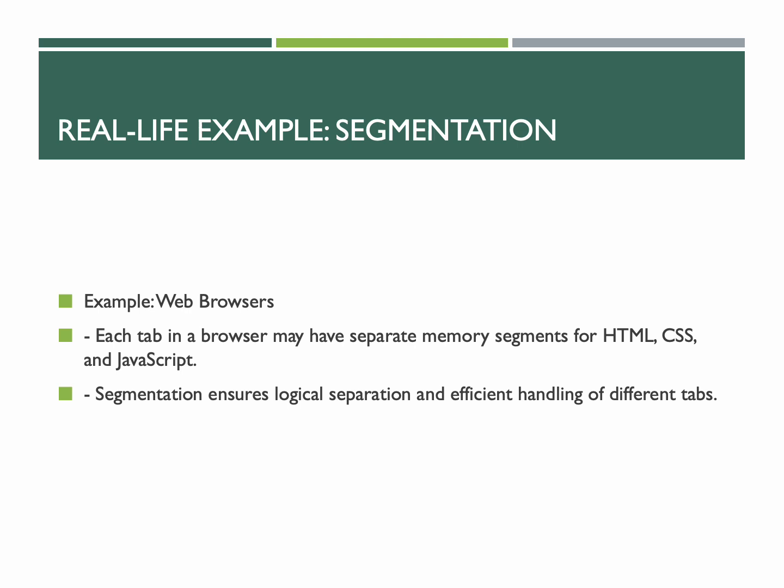The HTML segment contains the structure of the web page. The CSS segment, a separate segment, handles the styling, ensuring the page's visual presentation. The JavaScript segment, another segment, is responsible for the interactive behavior and scripts running on the page.